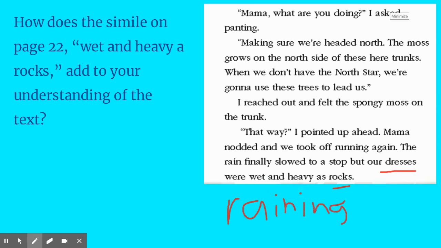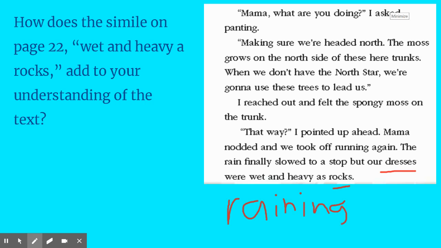So what the author is doing, figurative language is this beautiful way for the author to kind of paint a picture with words. He's trying to help you understand that because it's raining, not only did they just barely escape the slave catchers, but now they have these dresses that are so heavy. And he uses the word rocks to really paint a picture.